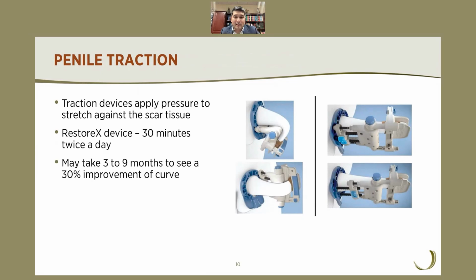The other device I like to use is the PeniMaster Pro. That device does require a few hours a day of usage to be effective. The studies on penile traction show that it can take anywhere between 3 to 9 months to see a result, but we can see on average about a 30% improvement of curvature.